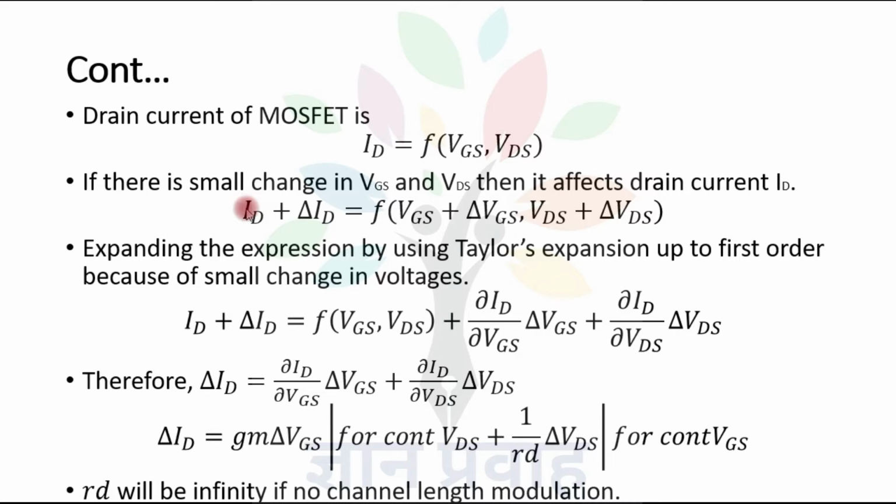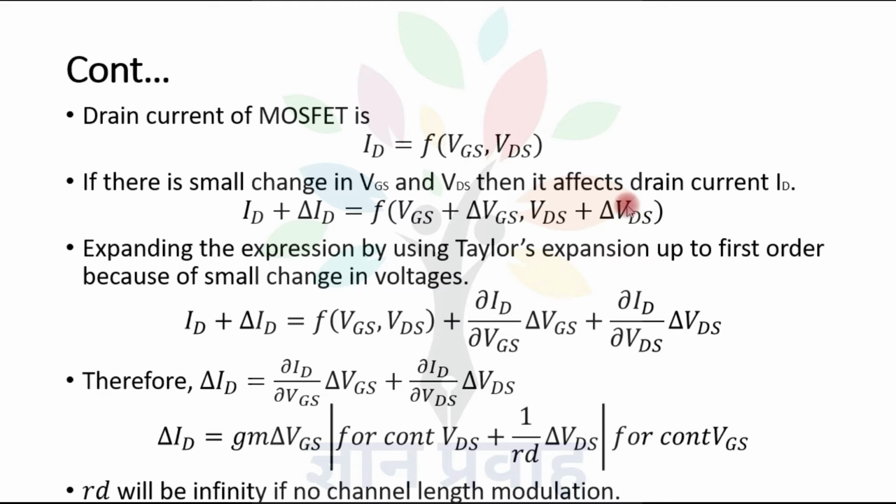ID is due to the DC component, and delta ID, the small change in ID, is due to the application of the AC input signal. It will be a function of VGS plus a small change in VGS after the application of the AC input signal, and VDS plus delta VDS, where delta VDS is the small change in VDS due to the application of the input AC signal.